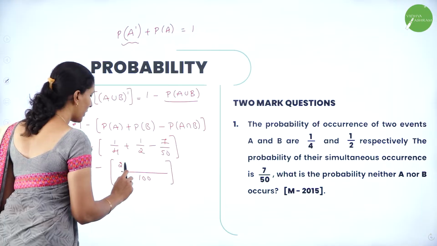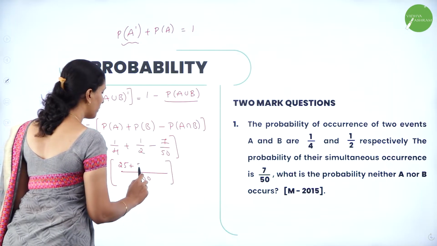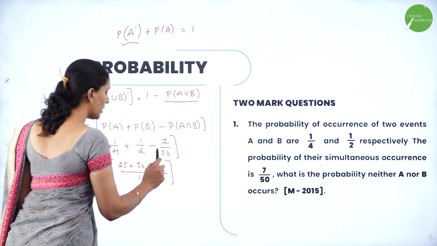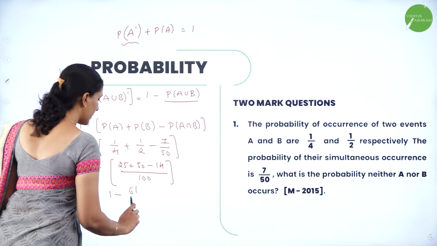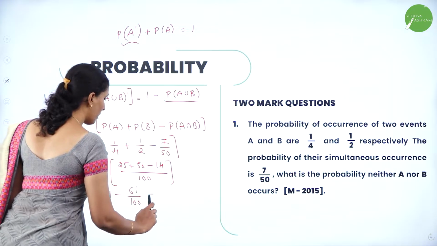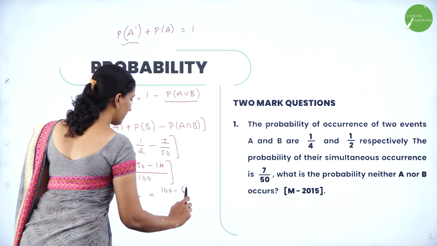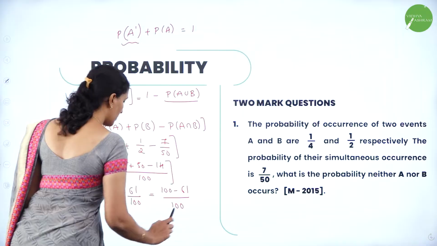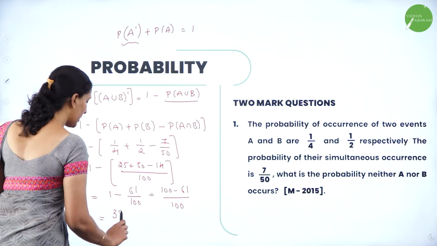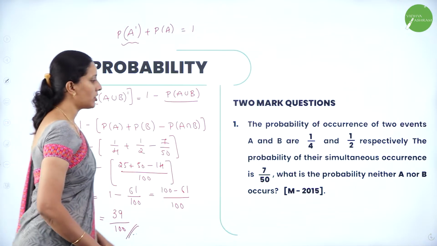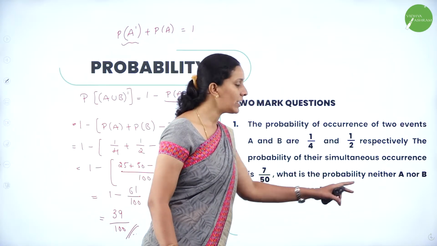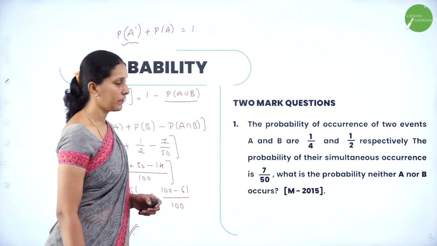So here we get 25, here we get 50, and here 2 7s are 14, which is 1 minus 61 by 100. Again on solving, we get 100 minus 61 by 100, which is equal to 39 by 100. So this is the probability of the occurrence of neither A nor B.